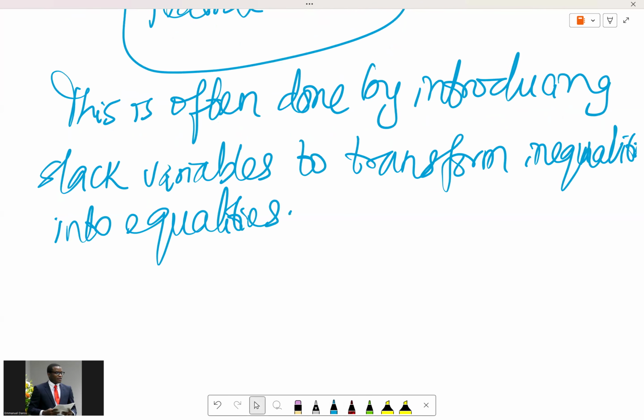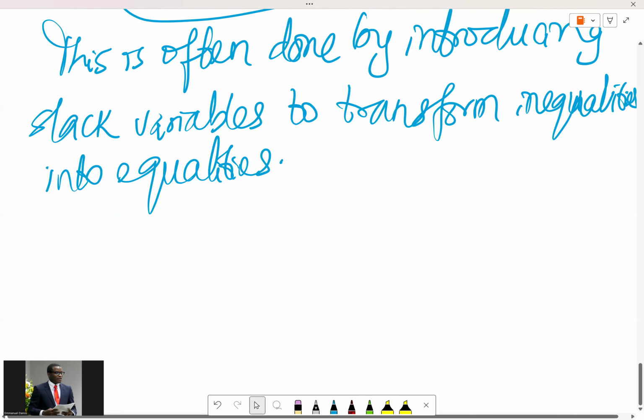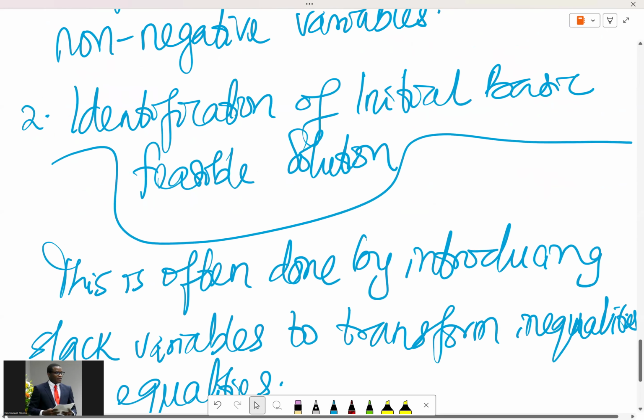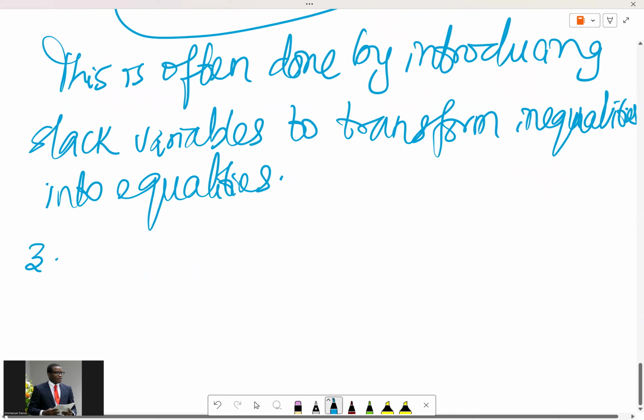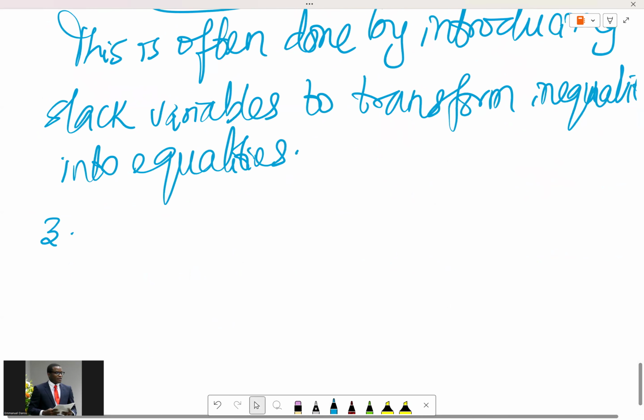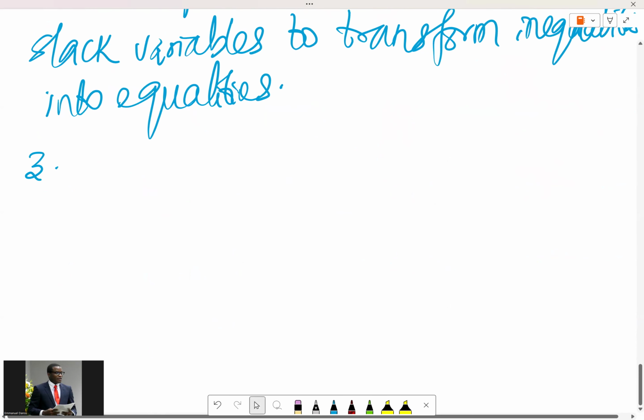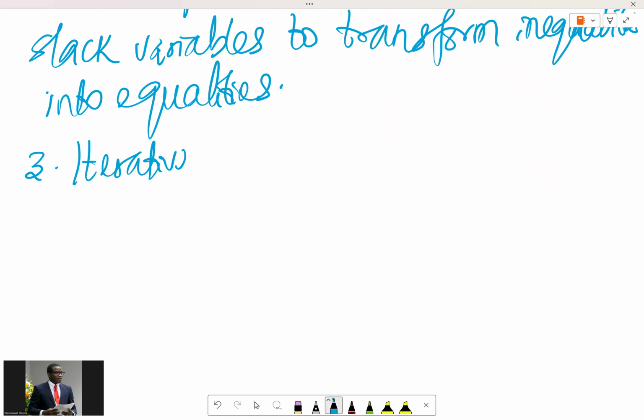By this transformation, you can set the variables to zero and get the initial basic feasible solution, as we're going to see in one or two videos from now. Then we talk about the iterative improvement.